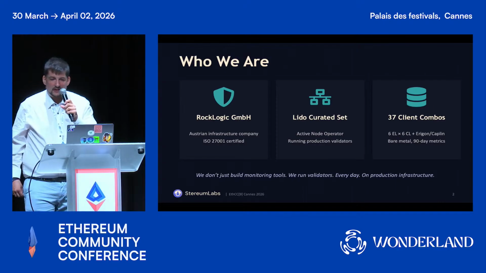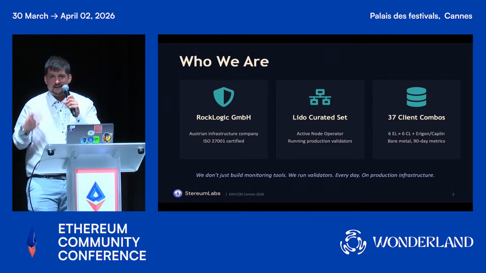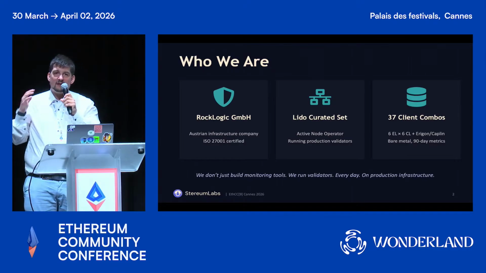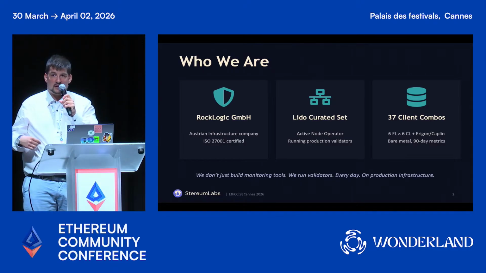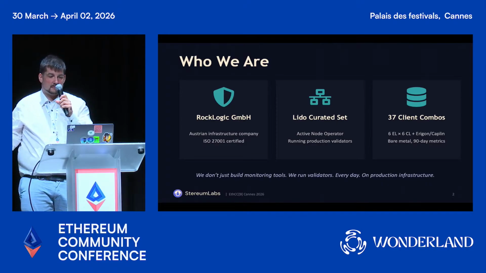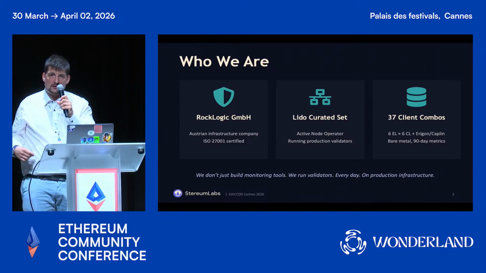But now I want to go into the history of Rocklogic, so you can get what we did. What we first developed was Stereum Launcher, and we wanted to empower the Ethereum community to spin up their own nodes in every client combination.